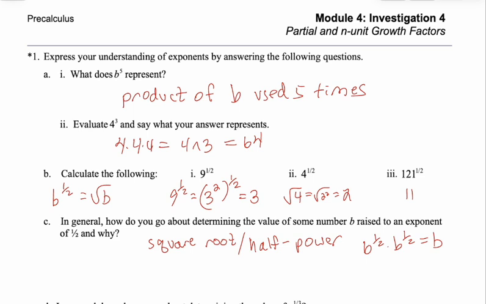So the square root of 9 times the square root of 9 is 9. So the square root of b times the square root of b is just b. We know that, but relating it back to a power instead of that square root symbol becomes important, okay?